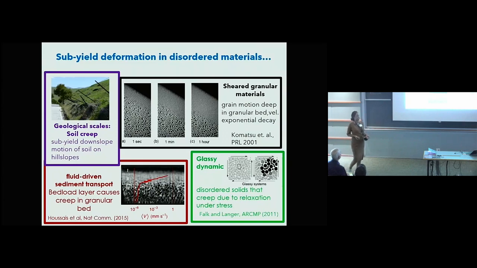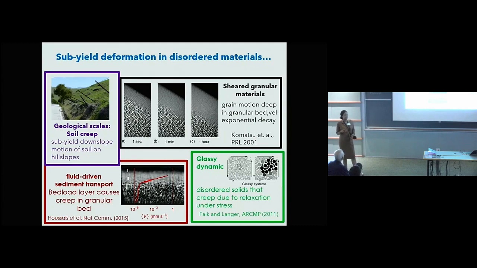For the case of a shear granular material, the granular shear above promotes a slow flow of the particles that are below. And at longer observation times, we can observe this creeping motion, the velocity of which has an exponential decay with depth. Granular systems such as this also serve as a nice idealized model for geological flows, so that we can make connections to things like hill slope creep, where there's a subaerial deformation of sediments like soil under gravity. And that's exhibited with pictures such as this one.